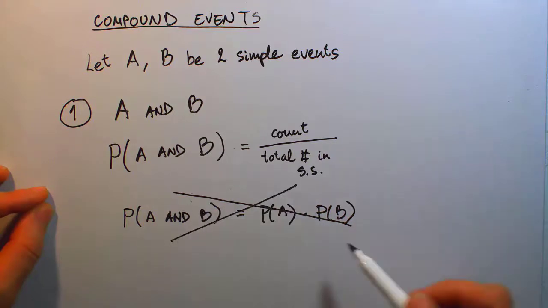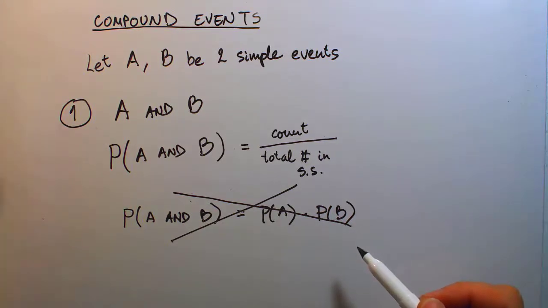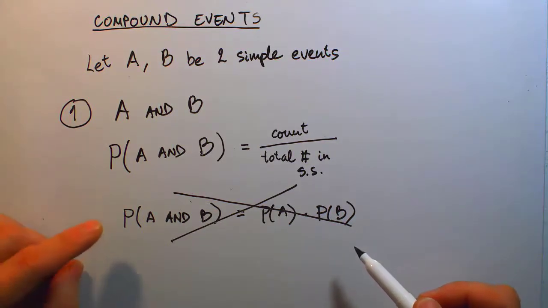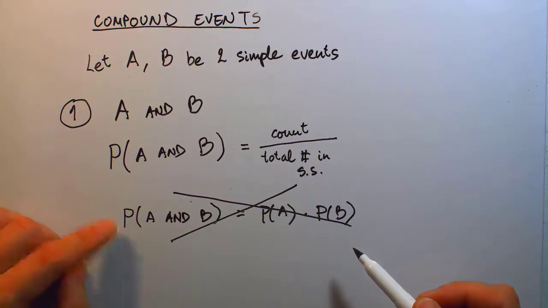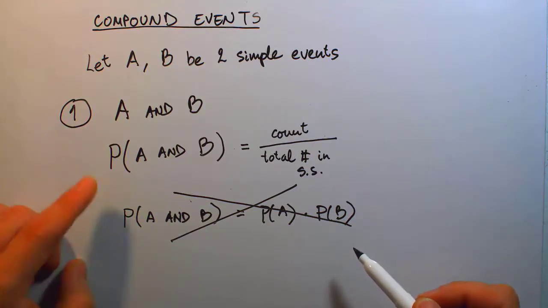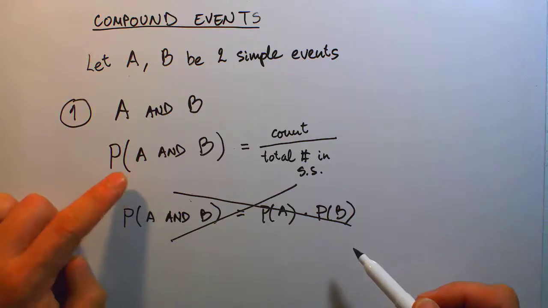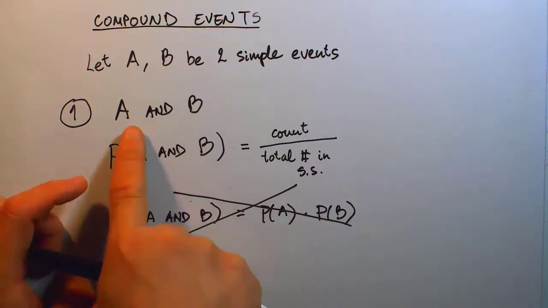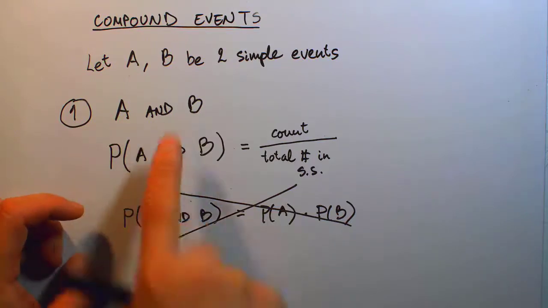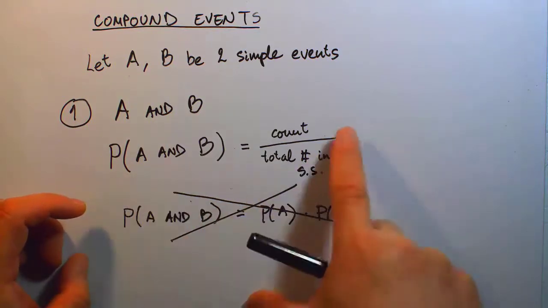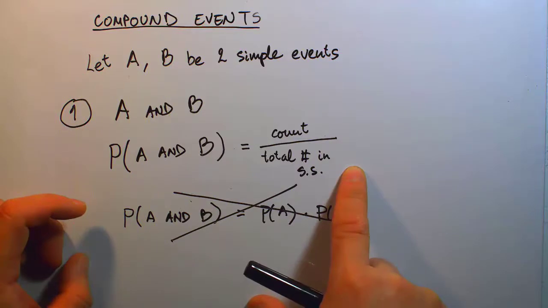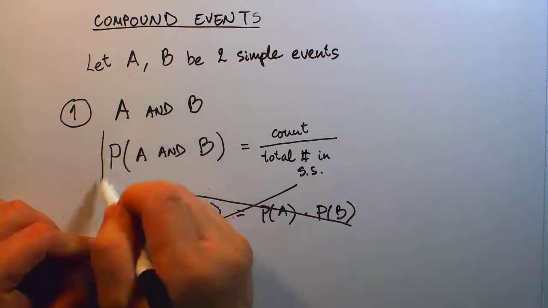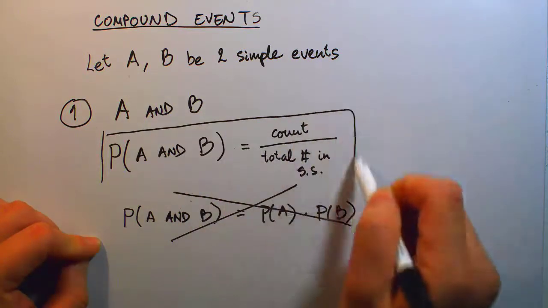What you might have heard is for a different kind of setting, but we will almost never use this as a formula to calculate probability of A and B. Anytime it comes to the compound events A and B, all we do is find the count and put that over the total in the sample space. And that's how we handle this kind of compound event right here.